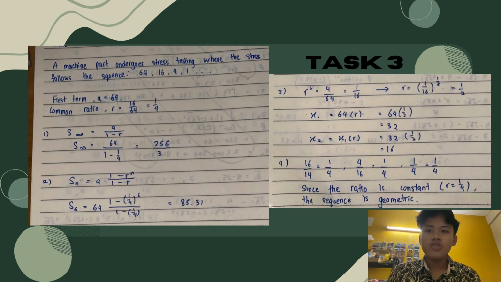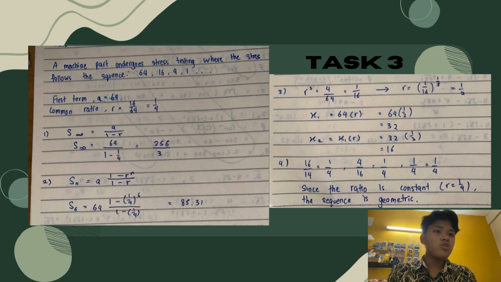Okay, the first question, find the sum to infinity of the series. We use S infinity equals A over 1 minus R. A we got in the question is 64. R we got is 16 over 64, which is 1/4, the common ratio.